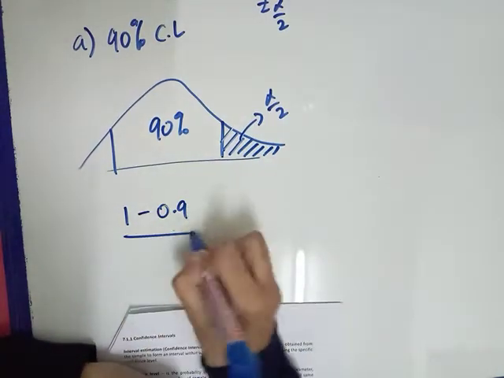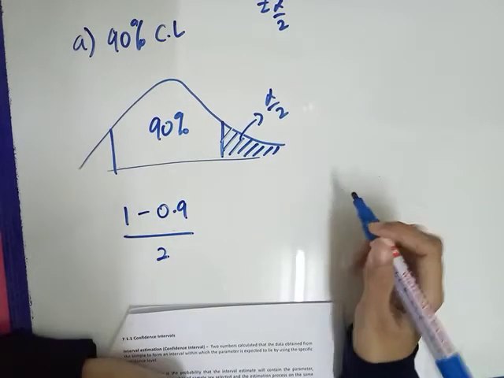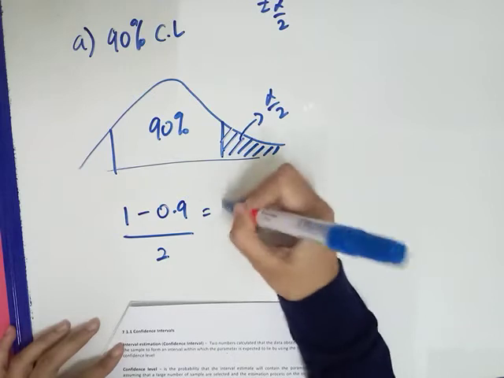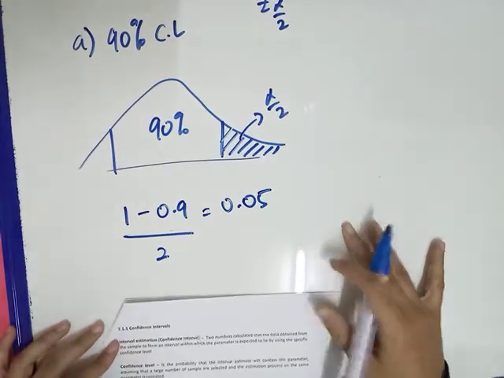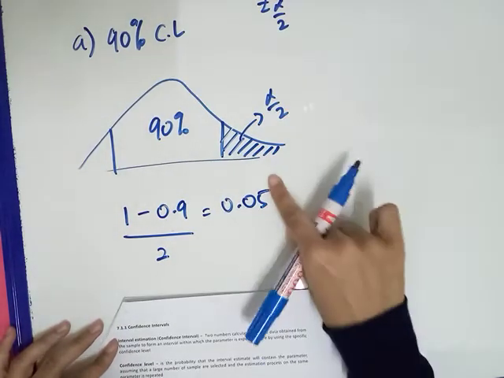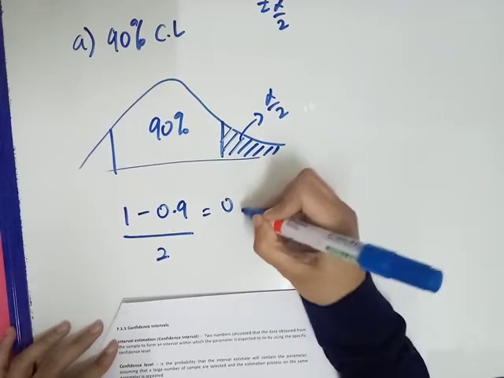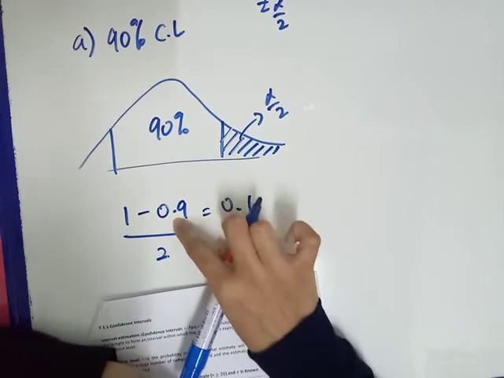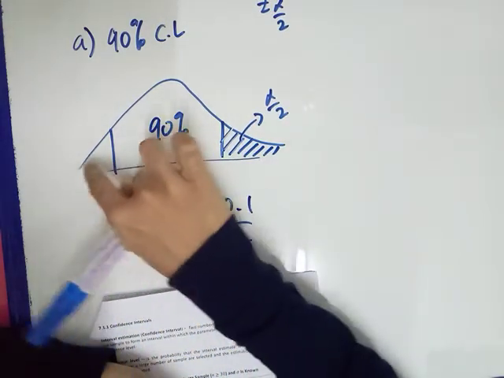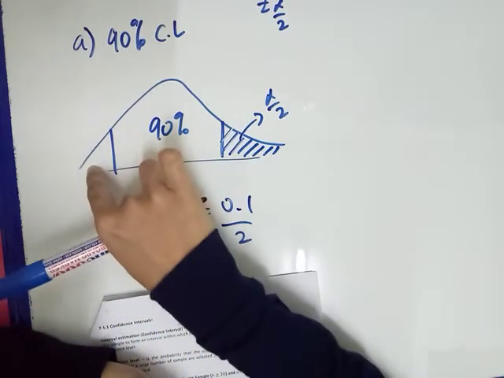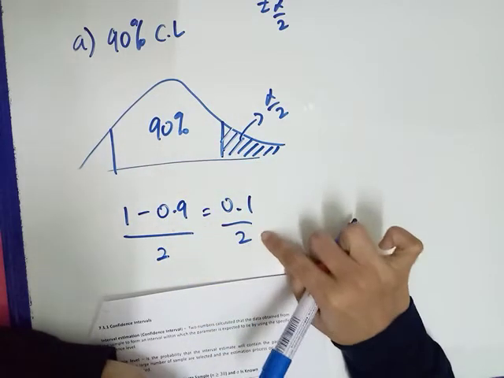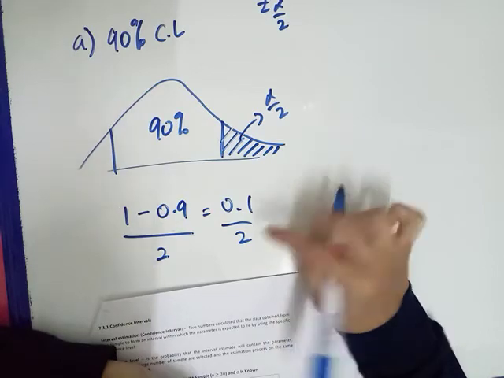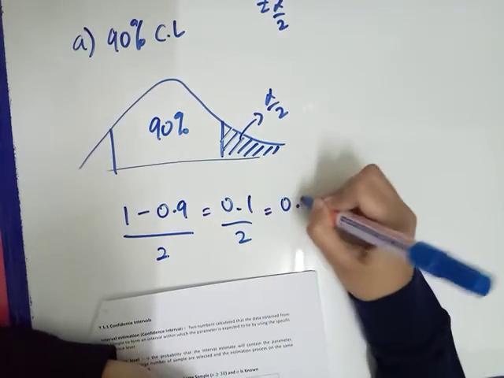And then you have to divide by 2. Sorry, 1 minus 0.9 is 0.1, the area in the right tail and left tail. But we have to divide by 2 because we only need the area in the right tail. So the answer is 0.05.